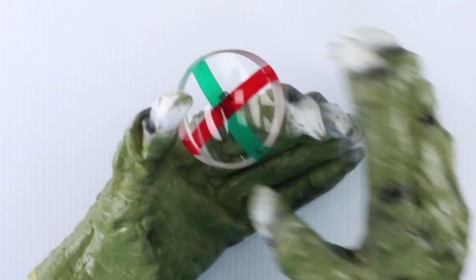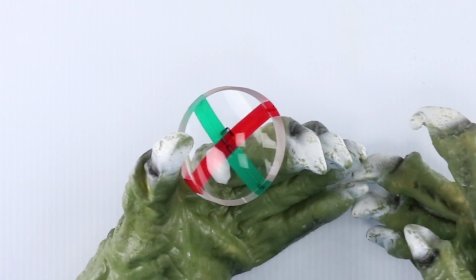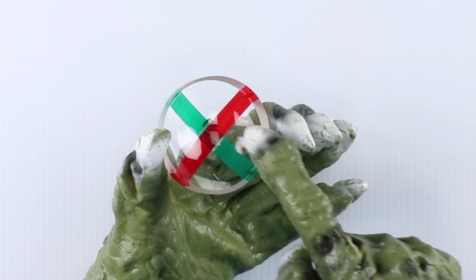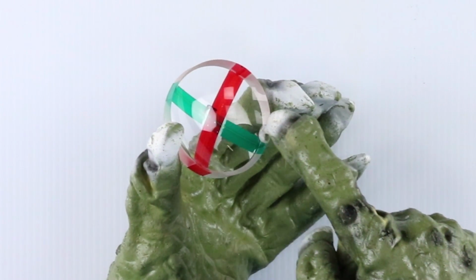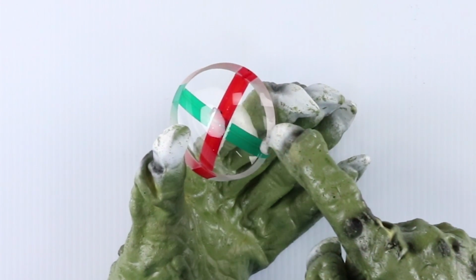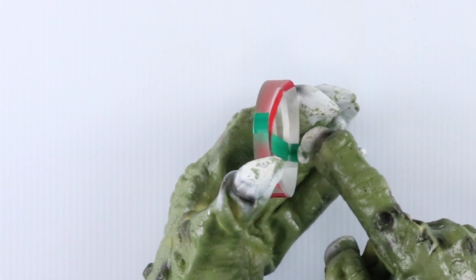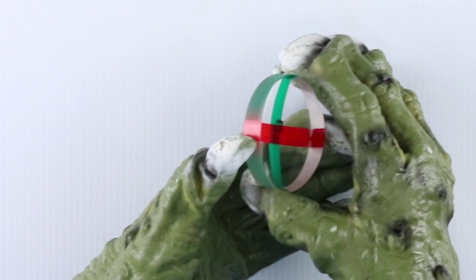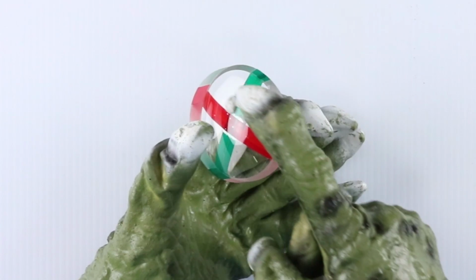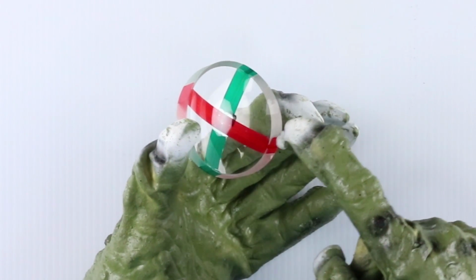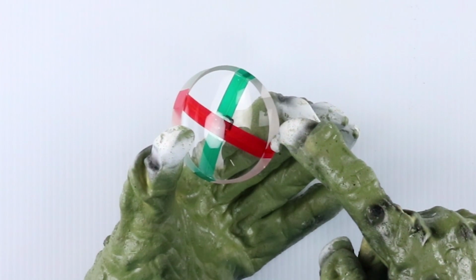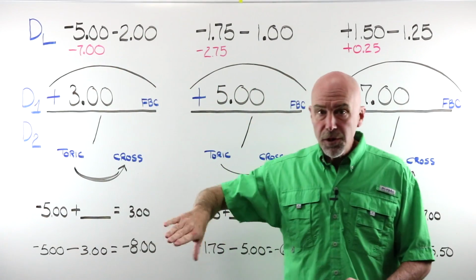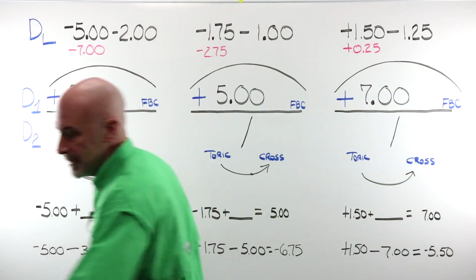If I flip that lens over and I look at my shallower green curve, I need to determine what I would need to put there if I have a +3 on the front to end up at a -5. 90 degrees away, my red band, the steepest curve, the strongest curve, the one with the shortest radius, the thickest edge, is going to be my -7. So let's figure out how we would determine that.